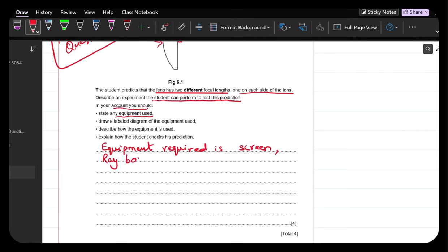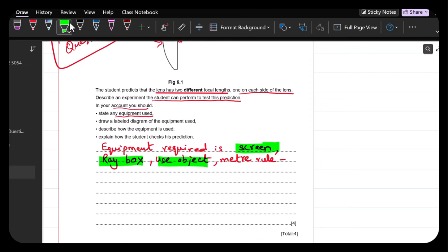You can use an object, which is not given. You can write about a meter rule to measure the distance. So 2 to 3 additional apparatus items are fine. But the main apparatus is very important, like the screen, ray box, and an object.